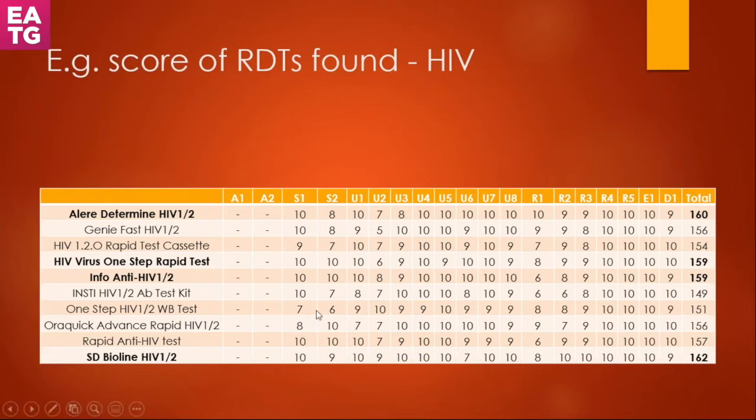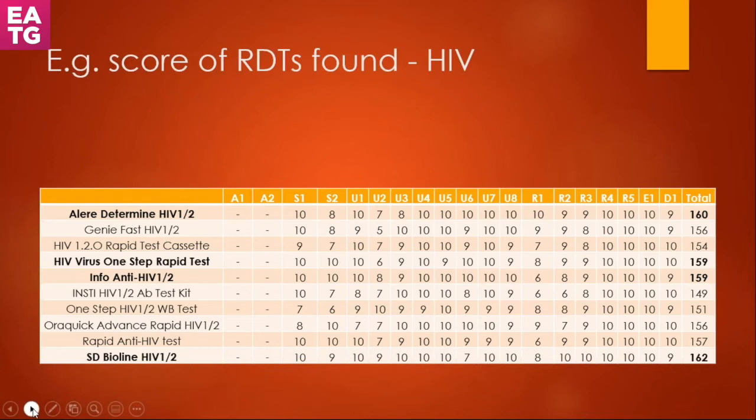Since we are comparing 10 tests, we go from 10 to 9 applying this method. As you can see, the 4 tests with better score are those in bold. Of course, the prices per test and prices per shipping will change this ranking afterwards.